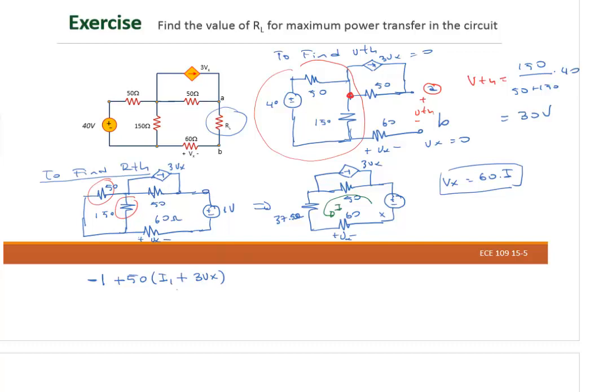Let me see, plus 3Vx plus 37.5 I. I use I there, so I don't want to mess up right there. I plus 60 I equal 0.